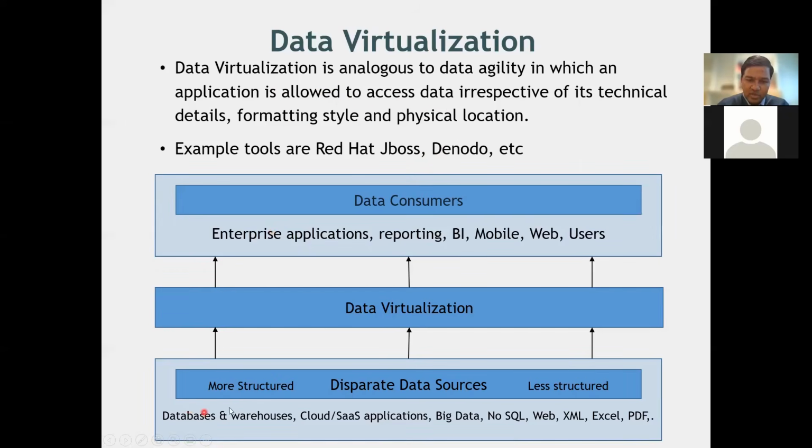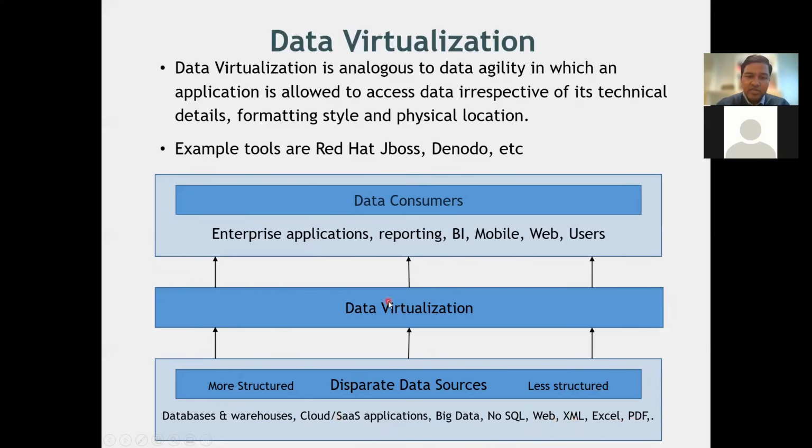Like in the diagram below, you have more structured data like SQL data. You have the disparate data. You have less structured data like NoSQL data, web data, web logs, XML data, Excel data, PDF data.